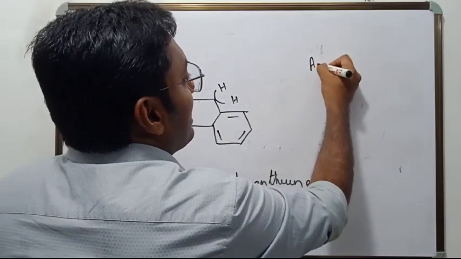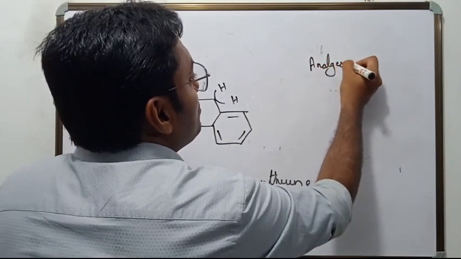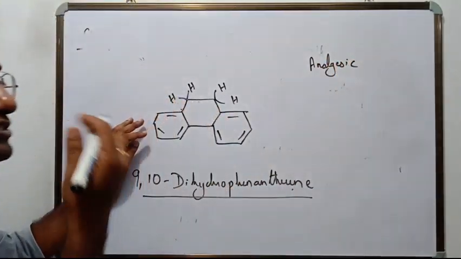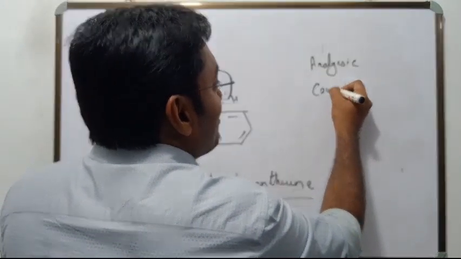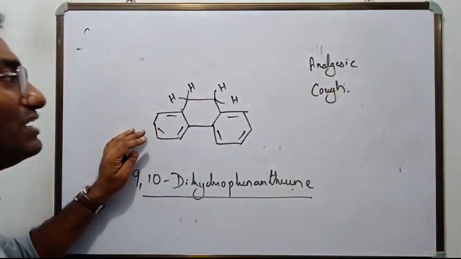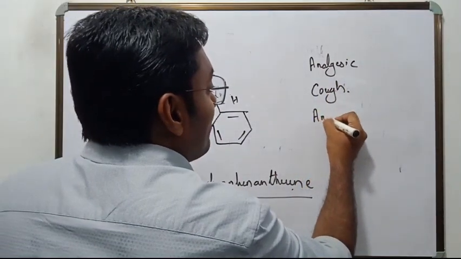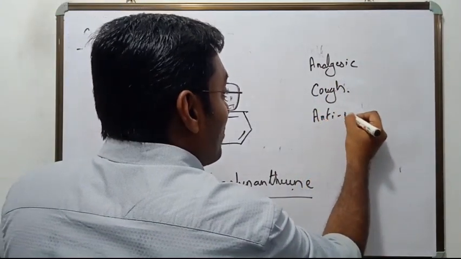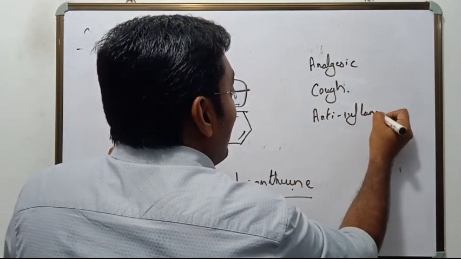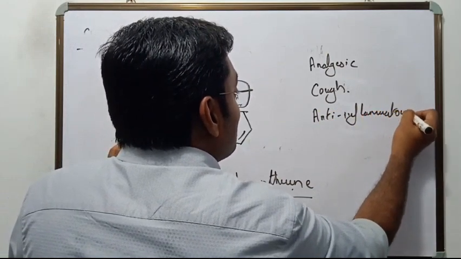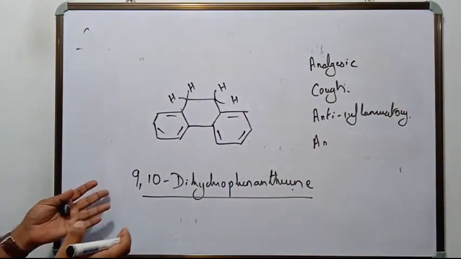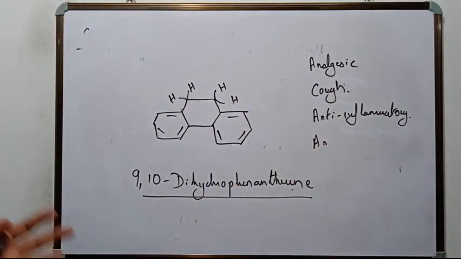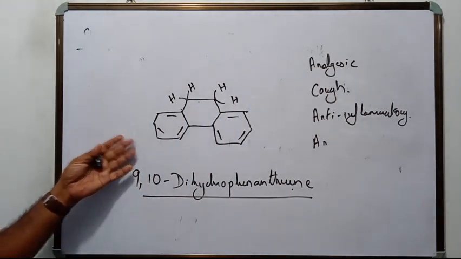It has got analgesic activity, it is effective for stomach ache, it is used as anti-allergic, it is used in cough, then it has shown anti-inflammatory activity, anti-hypertensive activity, and antioxidant activity also.